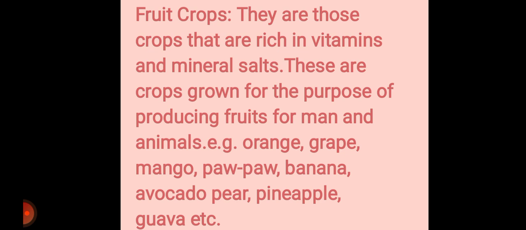Examples of these fruit crops are oranges, bananas, avocado pear, grape, pineapple, apple, guava, a whole lot of them. So the fruit crops are rich in mineral salts and vitamins, and they are grown majorly to produce fruits for us.